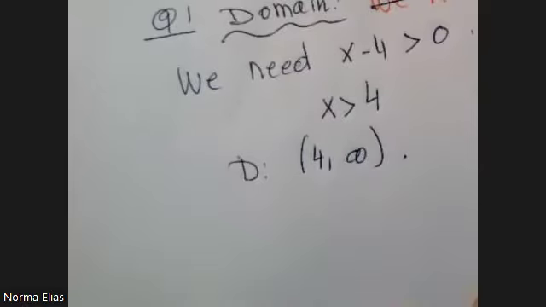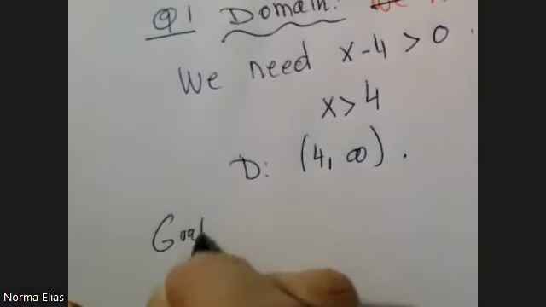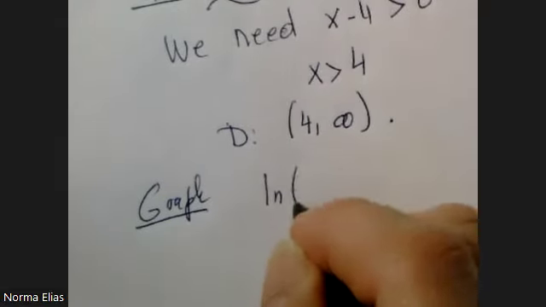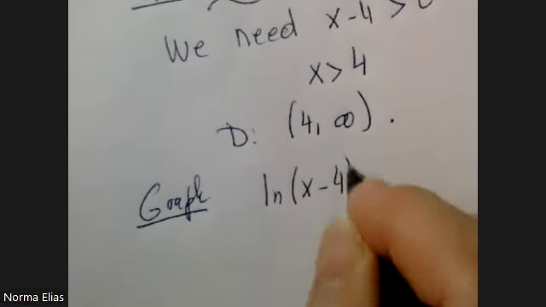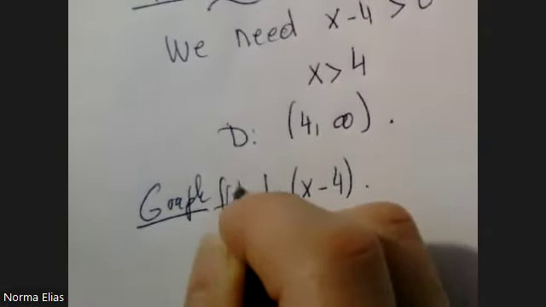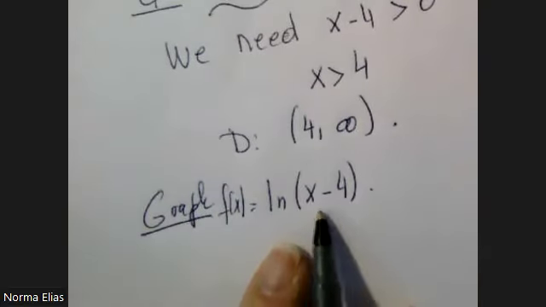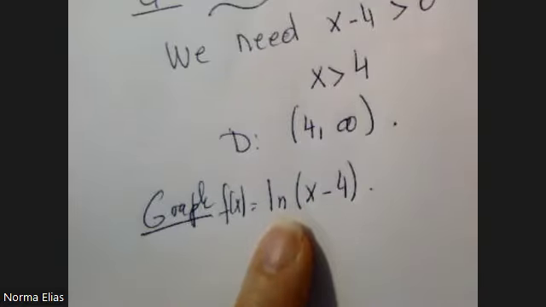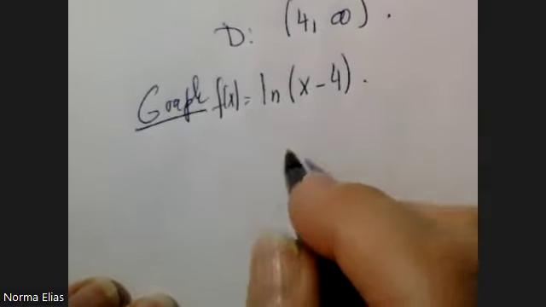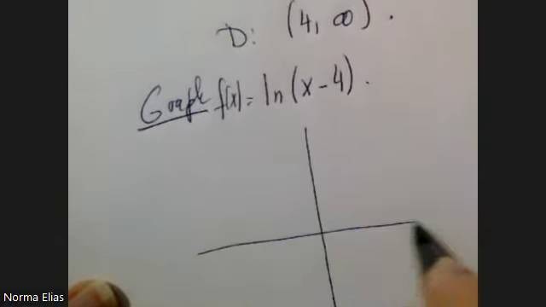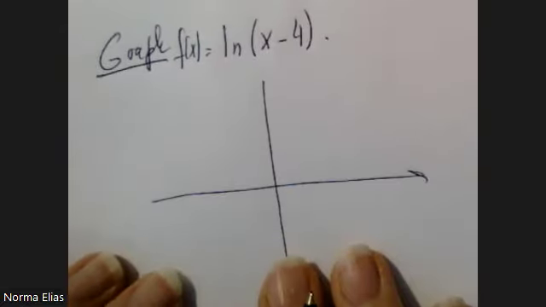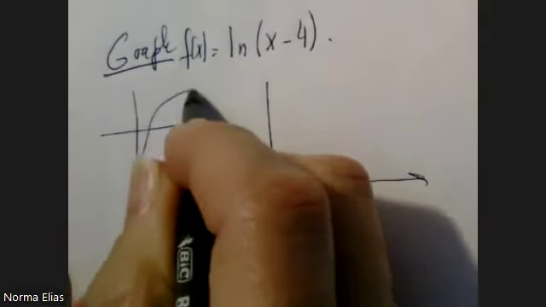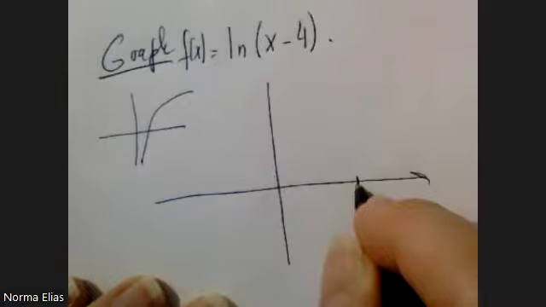Now the graph. So it's ln of x minus 4. That's my function. Now if we think of shifts, that's the graph of ln shifted to the right by 4 units. So how is this going to be? The graph of ln, we drew it a minute ago. So that's the graph of ln shifted by 4 units.